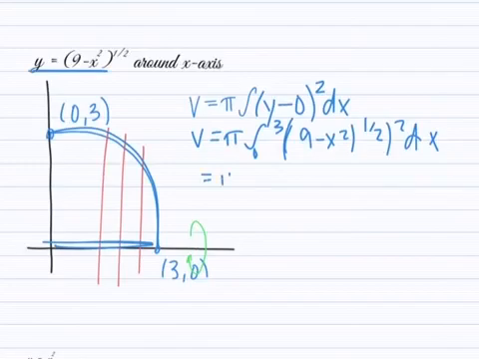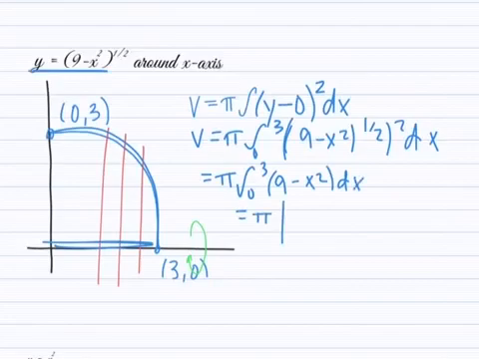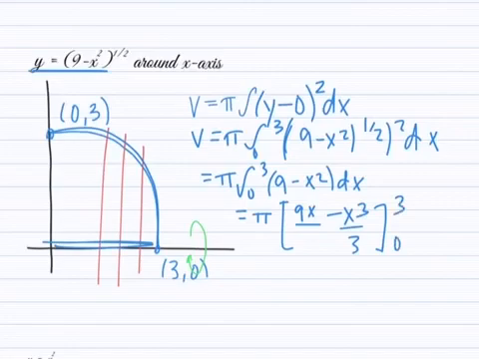So all you have to do is evaluate the integral. You get pi times the integral from 0 to 3 of 9 minus x squared dx. Pi times, and then you evaluate the integral, that's 9x minus x to the third over 3, from 3 to 0.